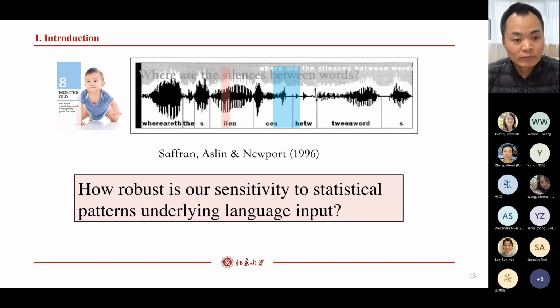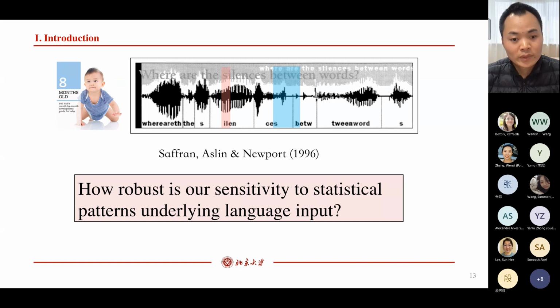A famous study done by Saffran and colleagues in 1996 found that 8-month-olds are able to use transitional probabilities between the phonetic strings and use such information to tell the word boundaries.